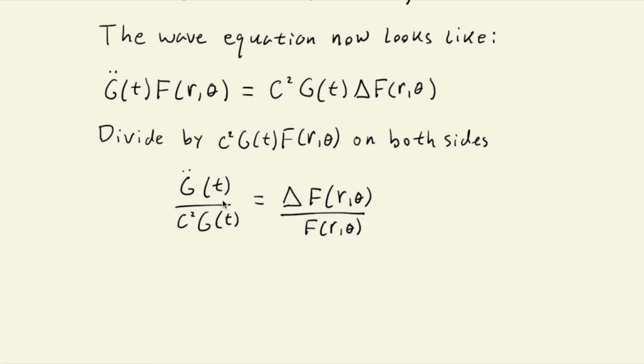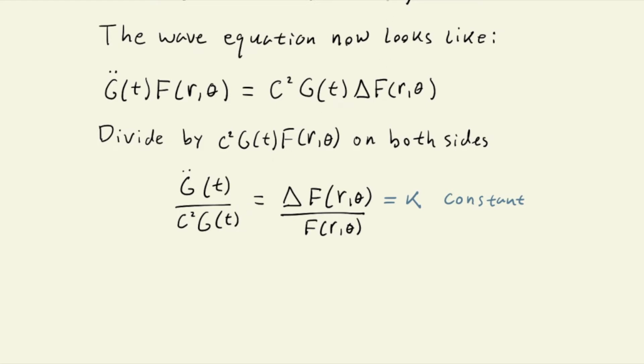The left hand side only depends on time, which does not show up on the right side. This means that this quotient here has to be equal to some constant, right? This is a function of time that doesn't depend on what the value of time is, so it has to be a constant function.